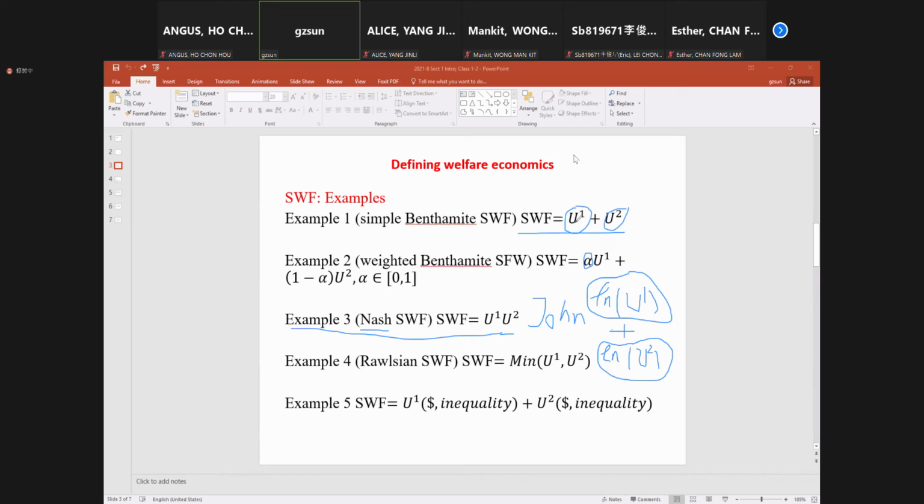So therefore, by such simple knowledge in economics, we can argue that the Nash idea is simply another version, equivalent to the Bentham-Schmidt. So the Nash idea is not that new at all. But anyway, in economics, particularly in welfare economics, we still call this way of formulating social welfare by the name of Nash. But actually, they're the same.